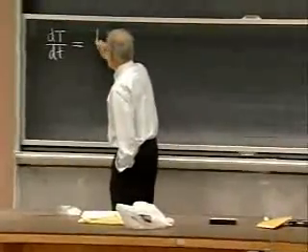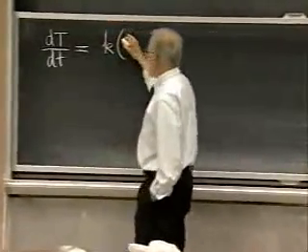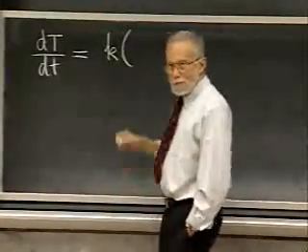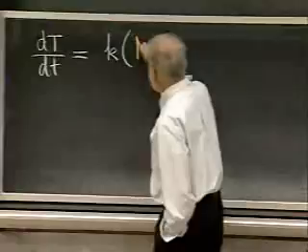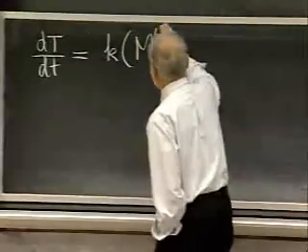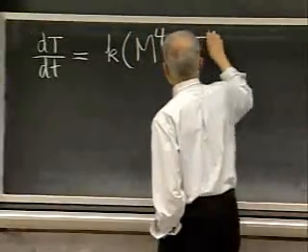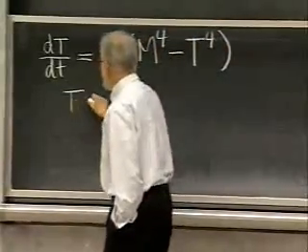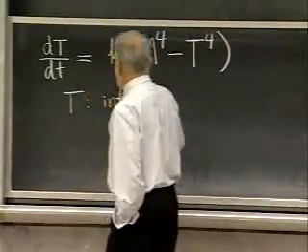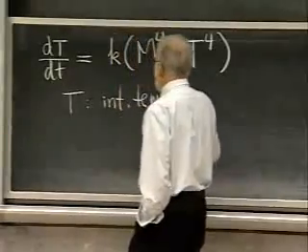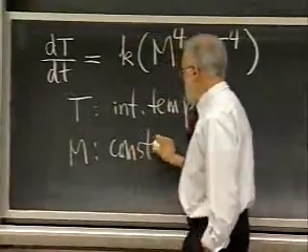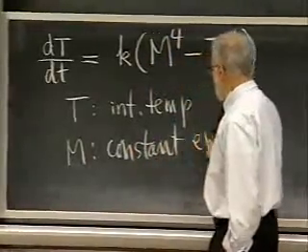So it's a constant times the difference, and now it's the external temperature, which, so there won't be so many capital T's in the equation, I'm going to call M, to the fourth power minus T to the fourth power. So T is the internal temperature, the thing we're interested in, and M is the external temperature, which I'll assume now is a constant.